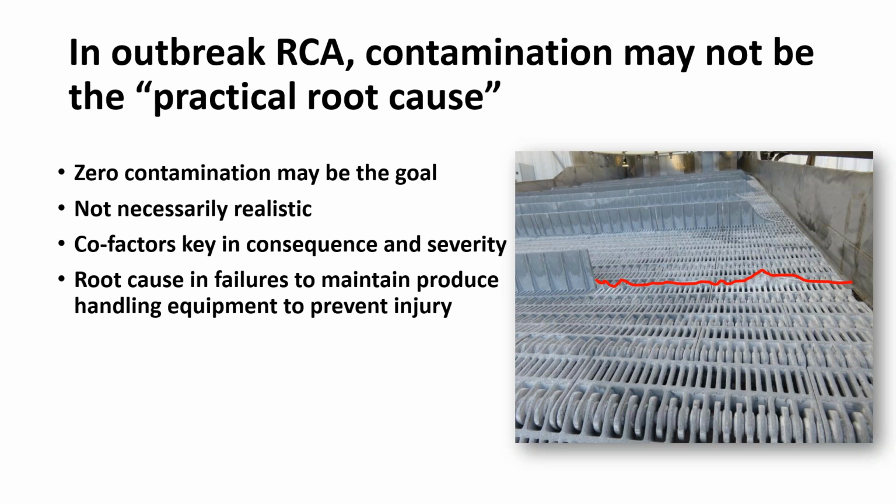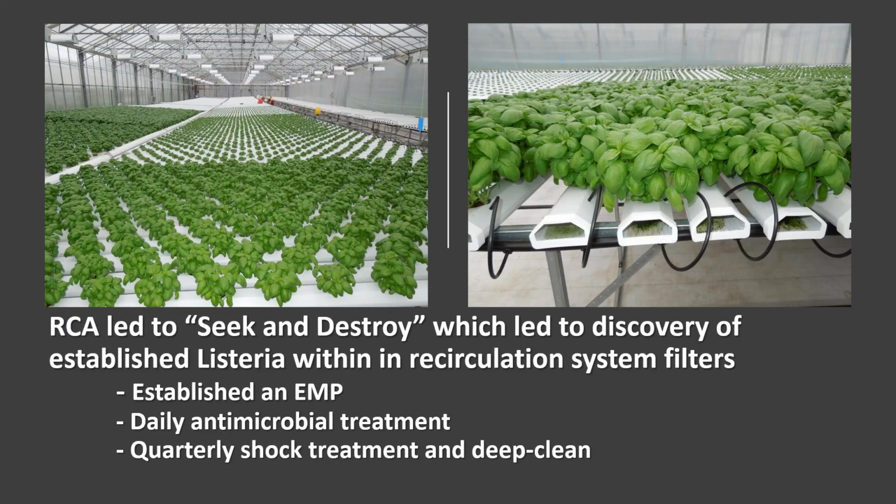So here, what I've done with the red line, so it's a little bit easier to see, is that one of the components was failure to maintain produce handling equipment to prevent injury. So these conveyor lift paddles that bring product into the packing environment, multiple ones were broken, fractured, and caused puncture points, and perhaps allowed for bacterial amplification, which was really the root cause, more so than contamination.